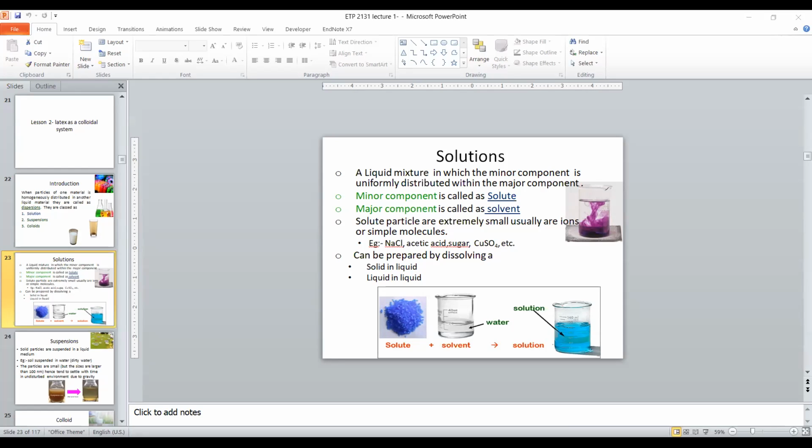So immiscible means they have two different phases. If you have two different phases, that is called heterogeneous. So that is why we call the colloidal system a heterogeneous mixture of solute and solvent, but it appears to be a homogeneous type to your eye.